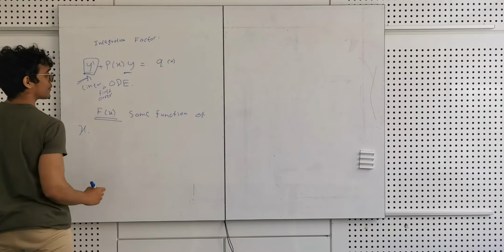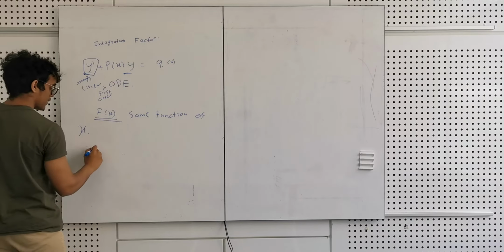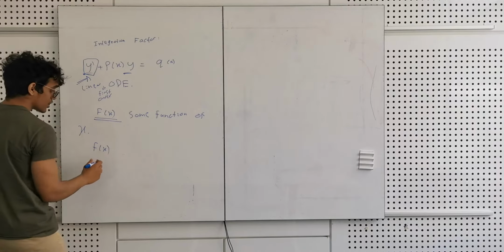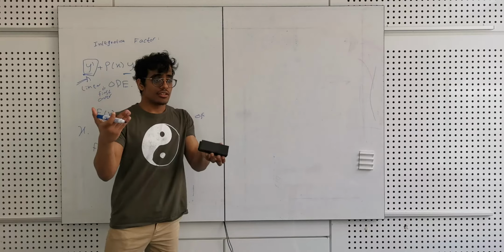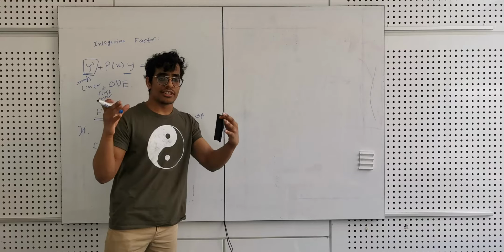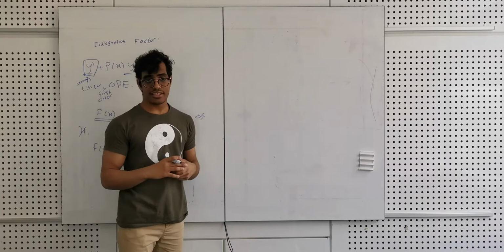So once we say that this function is f of x, we multiply both sides of the equation by f of x, which is still valid, because if you have an equation and you multiply the right hand side and the left hand side by the same thing, it's still going to be valid.